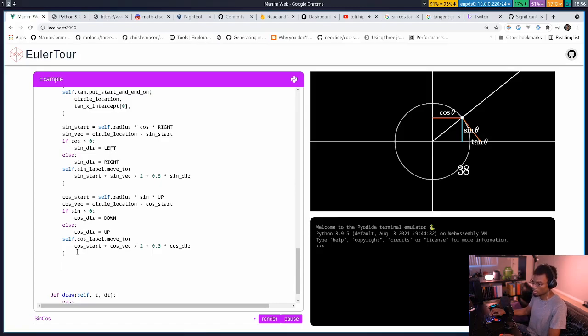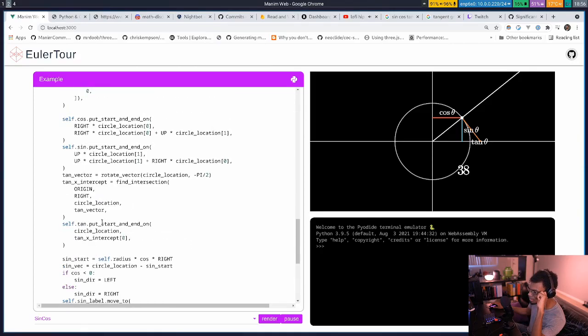So you can select that tan label, and move to, and I guess I could do the circle point plus the x-intercept over 2.